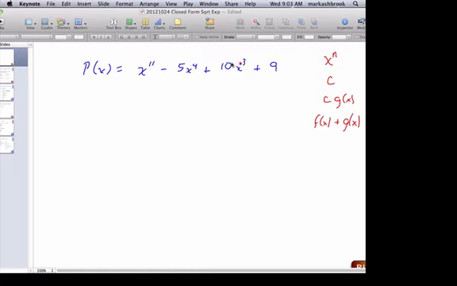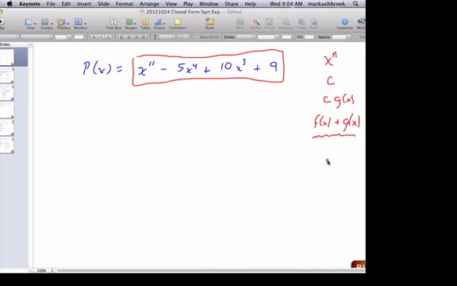Is it a constant times another function? Or is it the sum of functions? In the structure of it, I'm going to be a broken record this week. The whole structure of it, what is it? It's the sum, right? If you look at the whole big picture of it, it's the sum and difference. So that's what we apply first.